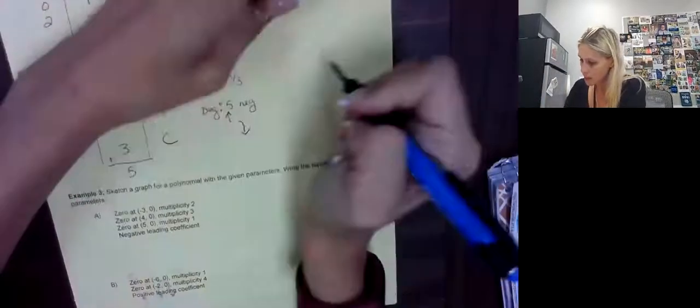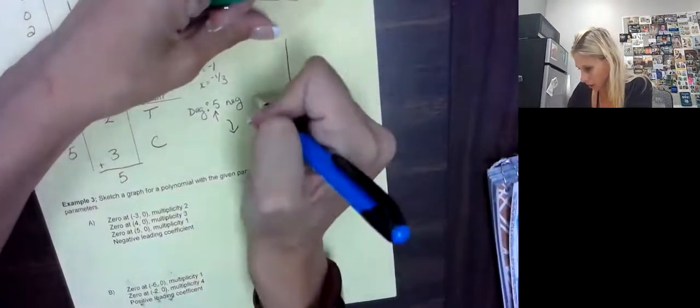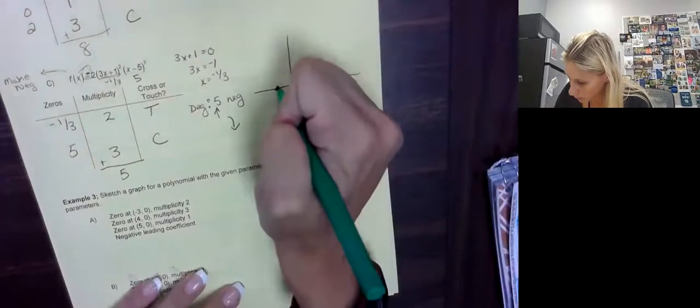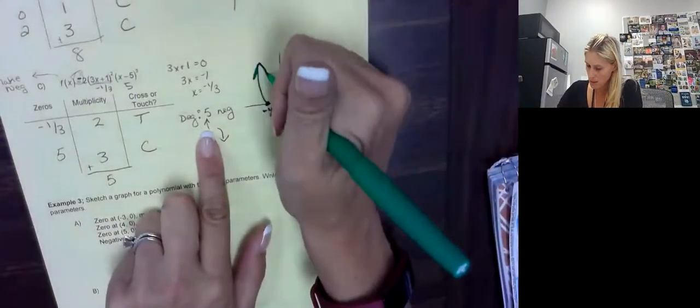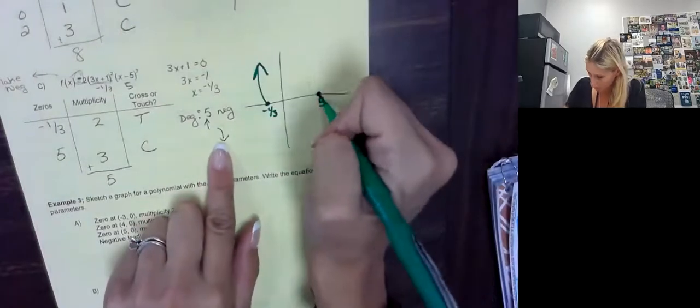We flip it. All right. So how is that going to change our graph? Well, if you guys want, just put the -1/3 down instead of making it exact. And then the 5. Okay. Now, do our end behavior. Our left side is going up. Our right side is going down.